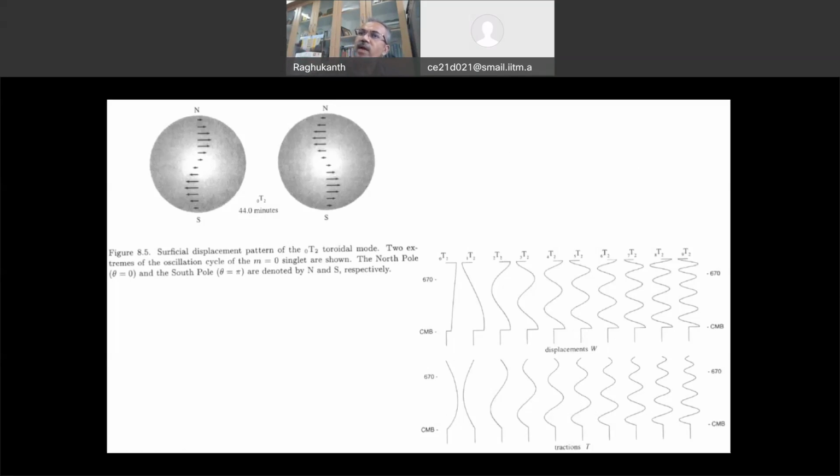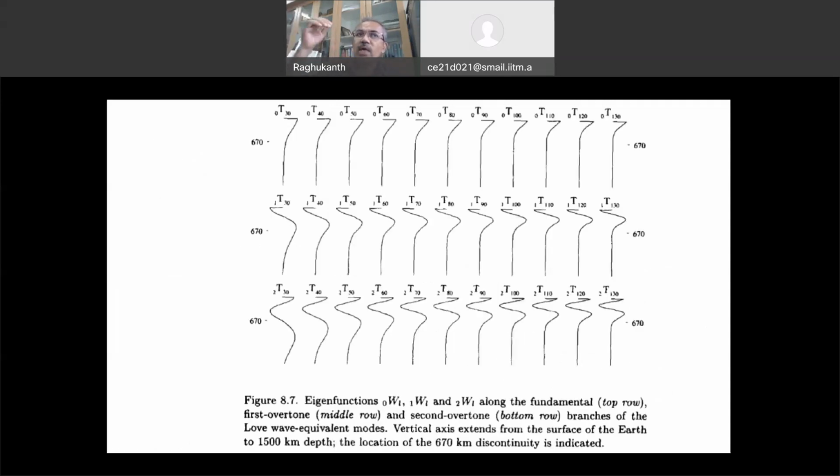Now, in the inner core, what is there? Solid region. So be careful. The inner core is solid, and the outer core is liquid. In liquid, your shear wave velocity will be almost 0. So no need to plot up to the CMB because anyway it will be 0.